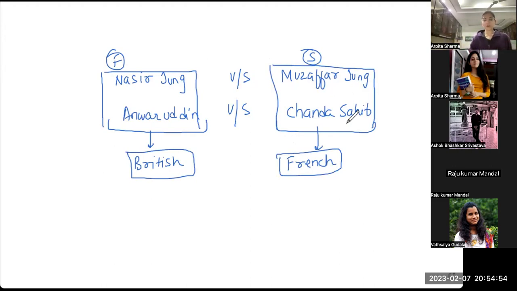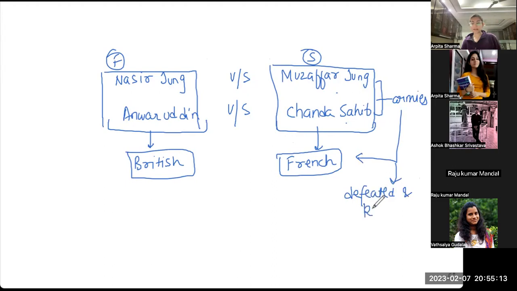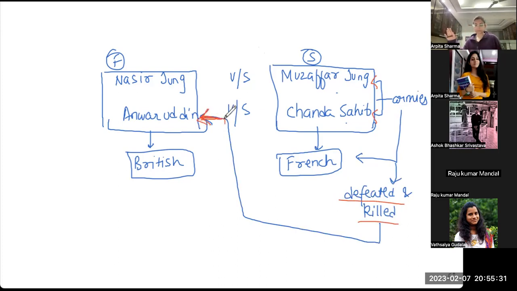All right. So now the armies of Muzaffar Jung and Chanda Sahib, along with the army of French, they defeated and killed Anwaruddin. Is it clear so far for everyone? The armies of Muzaffar Jung and Chanda Sahib, along with the army of French, defeated and killed Anwaruddin. They killed Anwaruddin, okay?